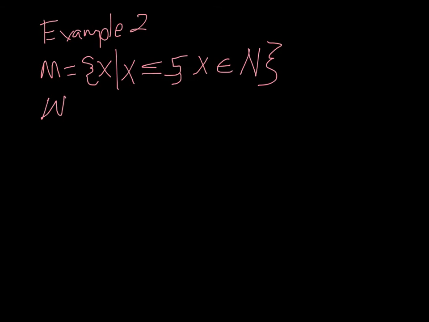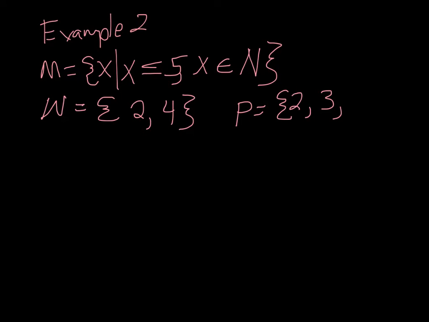And so we have that set, and then maybe we have the set W. It's going to be the set 2 and 4, and maybe P will be the set 2, 3, and 11.